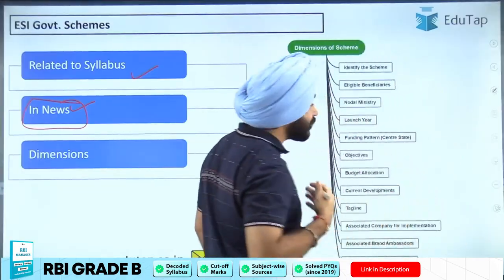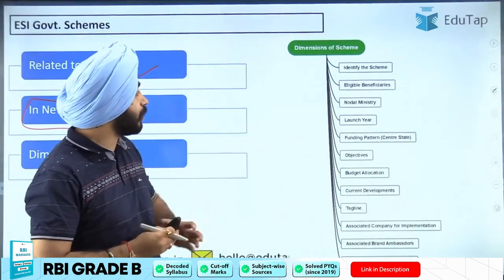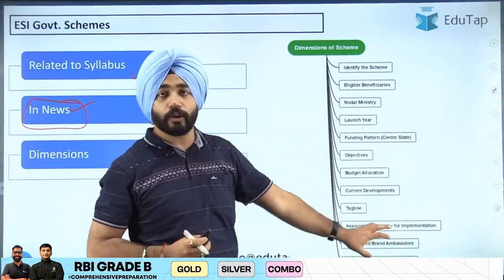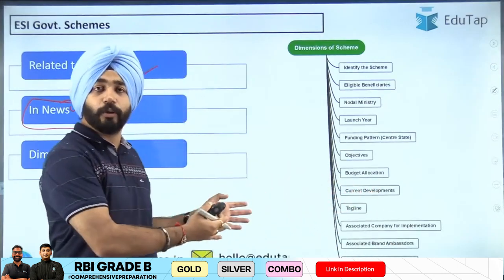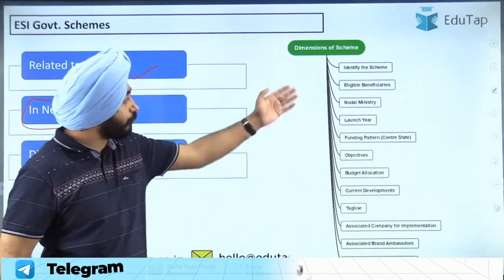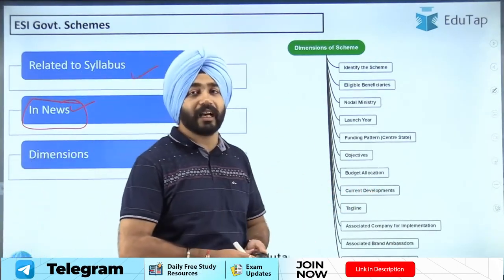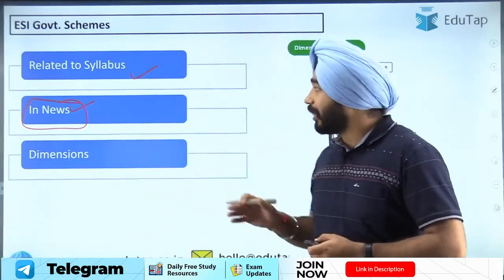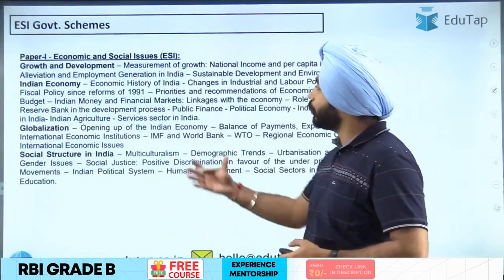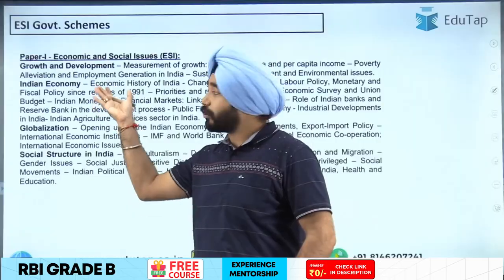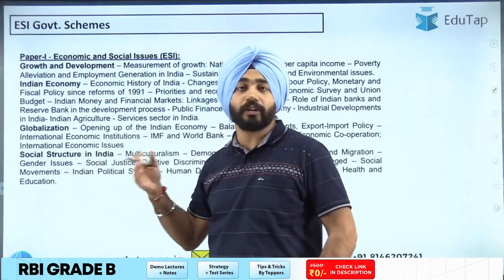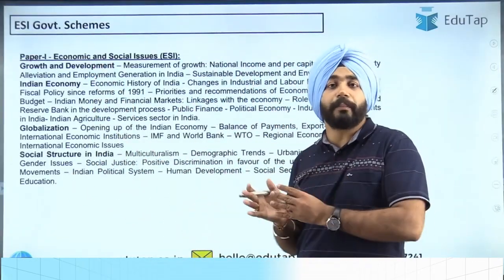ठीक है. So we have analyzed a lot on the 2021 examination. So these are the basic dimensions from where your questions have been asked, and I have told you from which specific dimension the question has been asked in your examination. Now guys, first of all comes your syllabus. So you should be really thorough about the syllabus of ESI when you are preparing here.